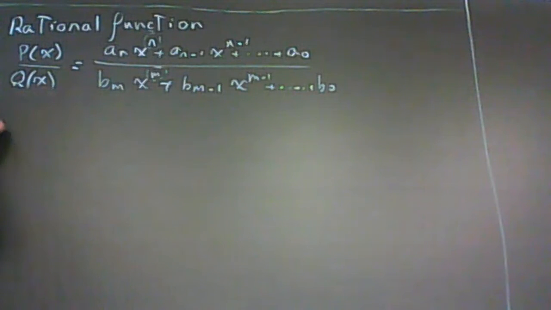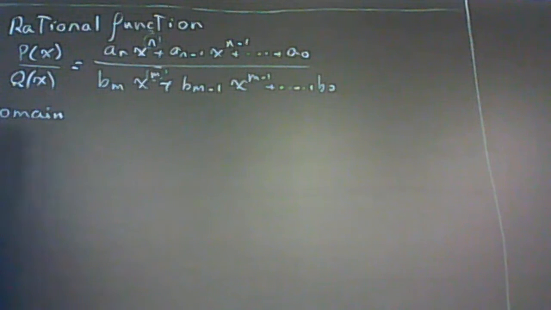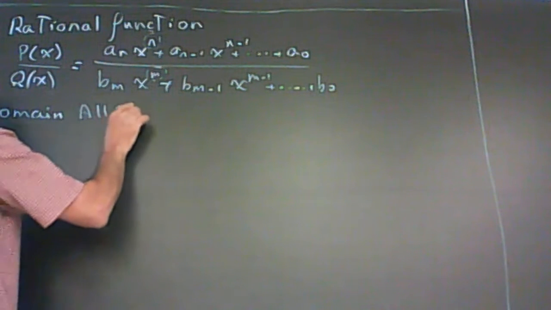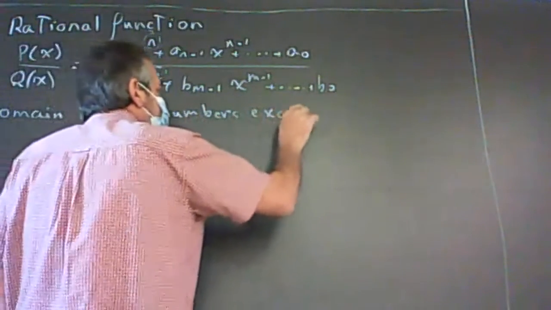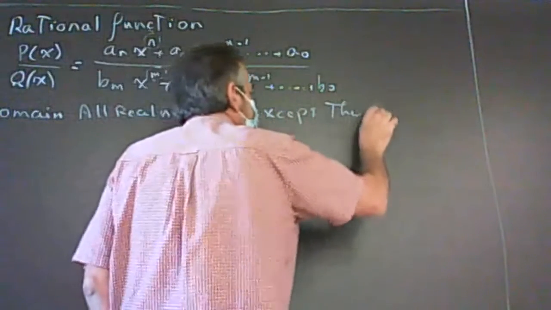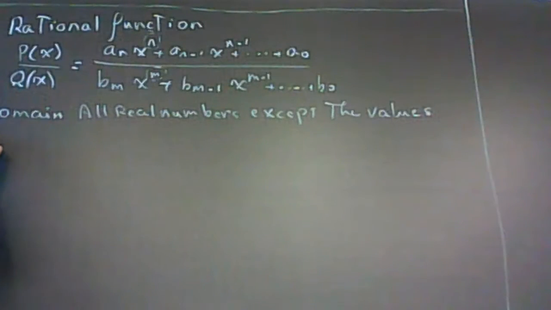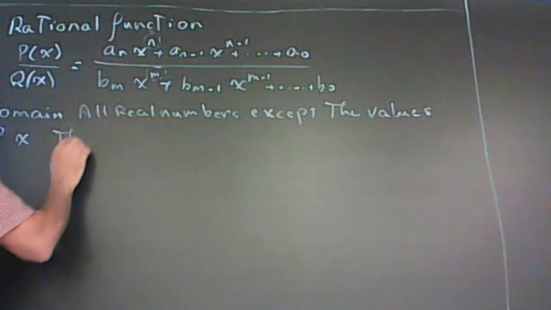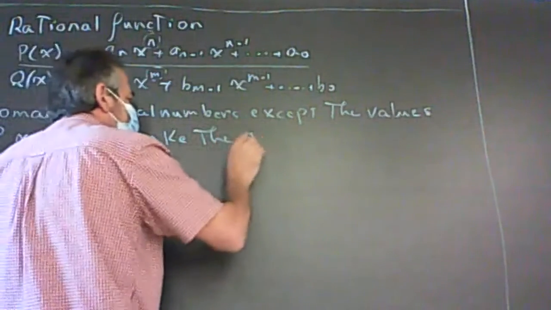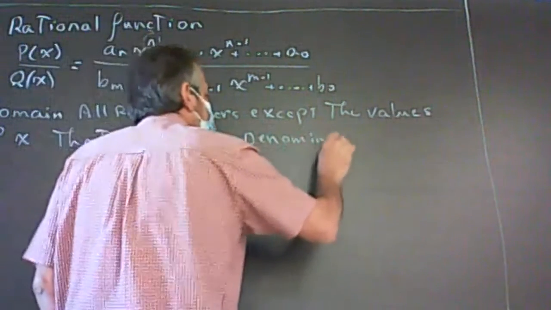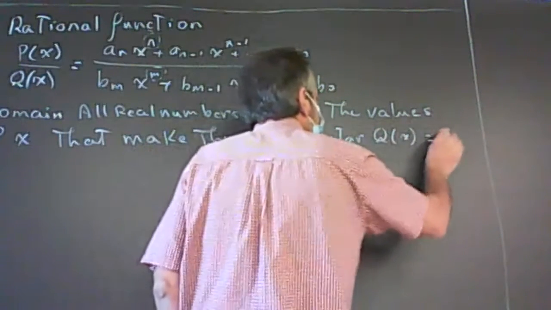Okay, we said the domain of a rational function is all real numbers except the values of x that make the denominator, in this case q of x, equal to 0.